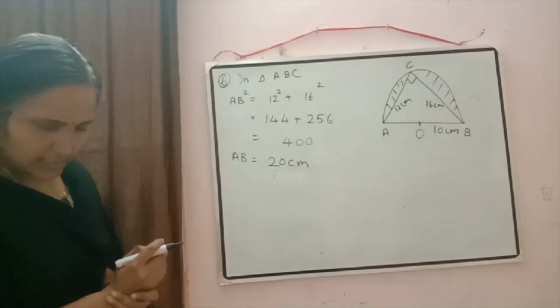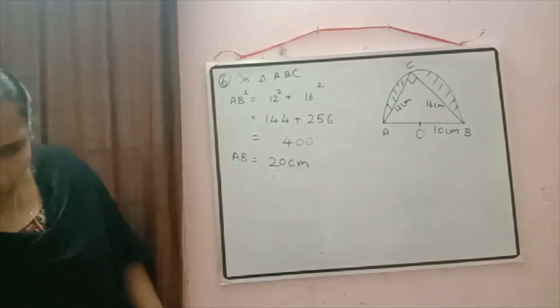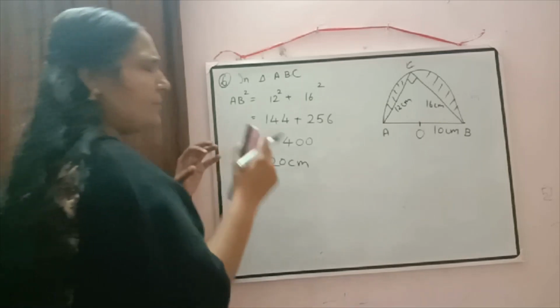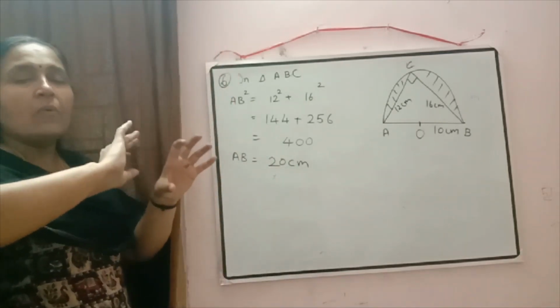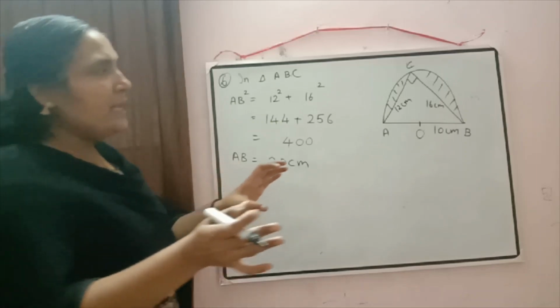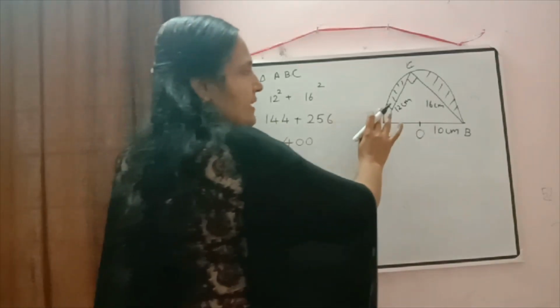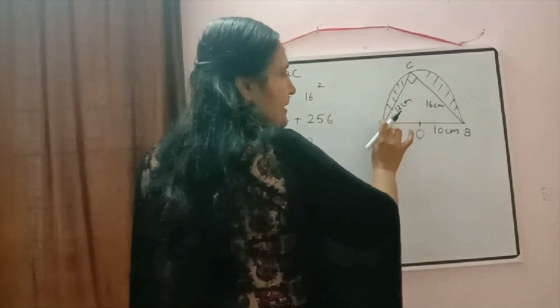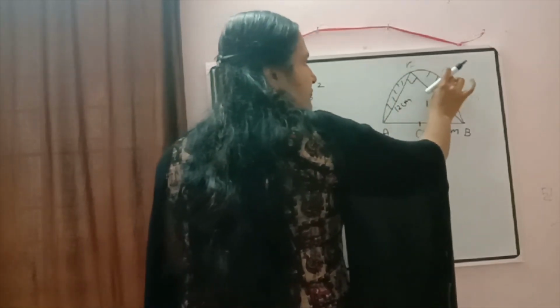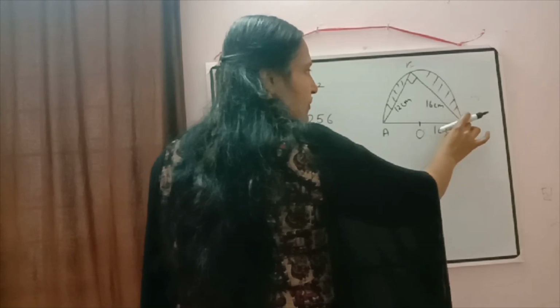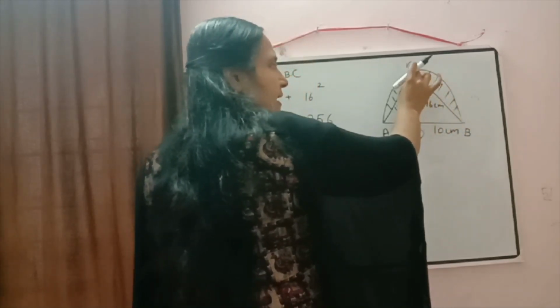Now the first question is the perimeter. Whenever we calculate the perimeter of any figure, it means the sum of all its boundaries. So, the perimeter of the shaded region. If you check, the shaded region consists of these portions: first this arc is in the boundary, then this line and this line.